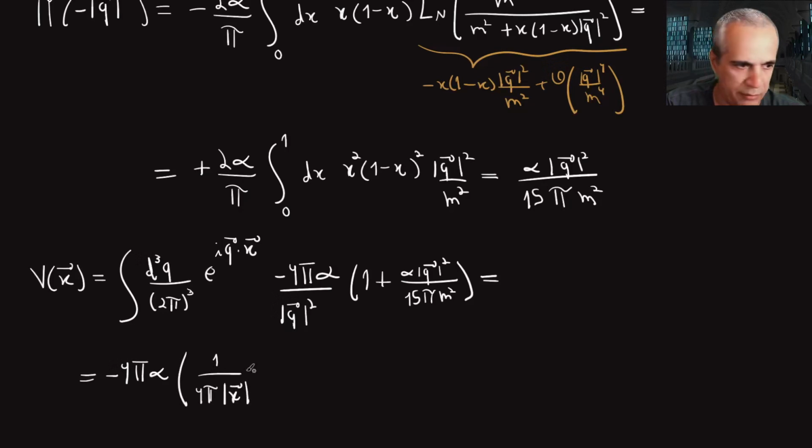Like we did that in quantum field theory 1, right? Now the second part here, the q square goes away. You see, there's a q square here, a q square here, it goes away. So the Fourier transform will give me a Dirac delta, right? So let me copy the constants. There's an alpha over 15 pi m square. And since q square is gone, this is just the Dirac delta of x.